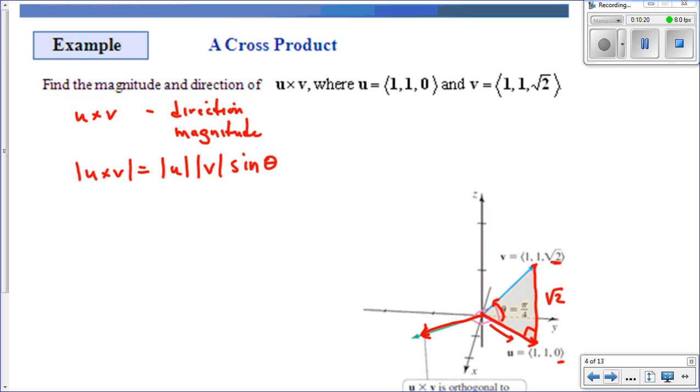Well, notice that this right triangle that we created has a height of the square root of 2, and this length from 0, 0, 0 to 1, 1, 0 would also be the square root of 2, just using the distance formula. So what we have is a right triangle with two legs, both the same, which gives us a 45-degree or pi over 4 angle.